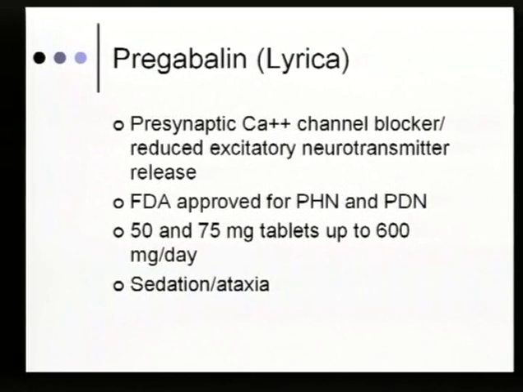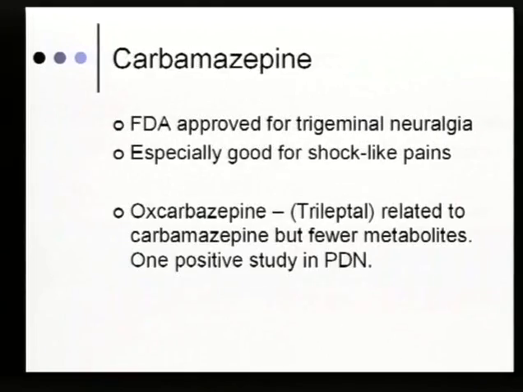Pregabalin or Lyrica, this is the calcium channel blocker that's just come out recently. I'm just getting used to using it. All of these can cause sedation and ataxia as you push up, but it'll be interesting how that works for some of the pain syndromes like you see in transverse myelitis.